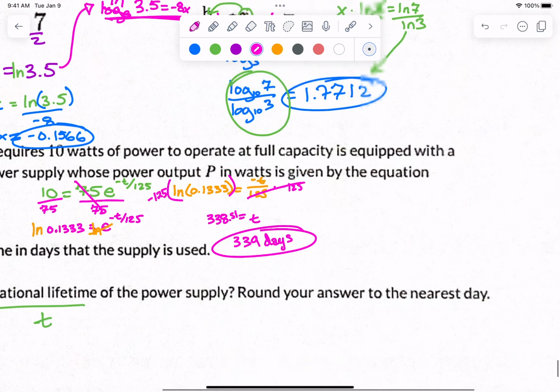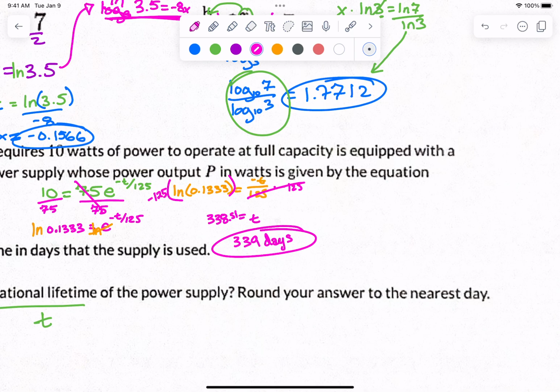How did you get that? I got 251. I didn't round my P. Neither did I, I left it as a fraction. 10 divided by 75. Did I do it wrong? I got 250. I got 252. Yeah, same.